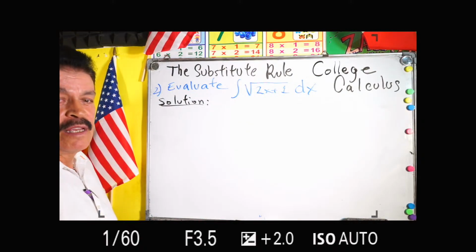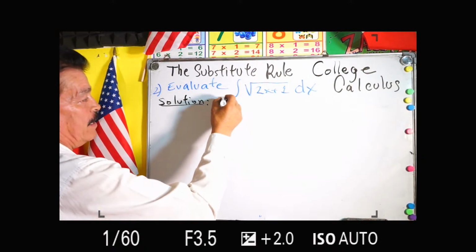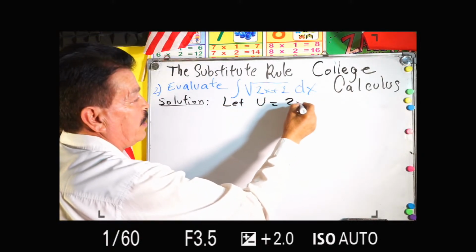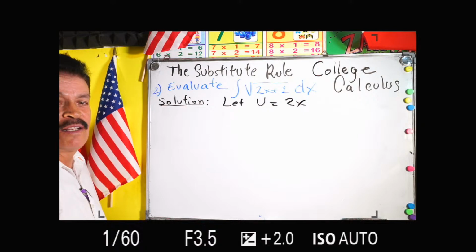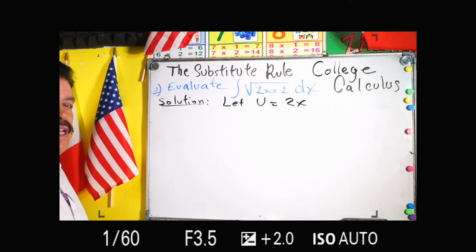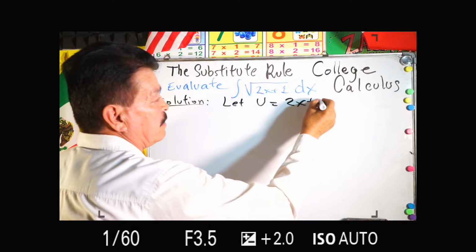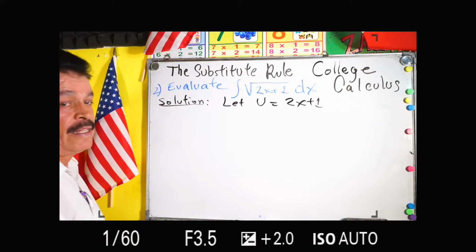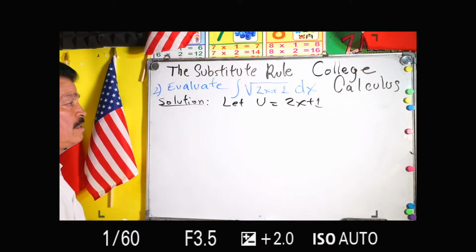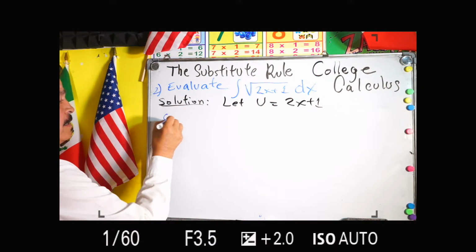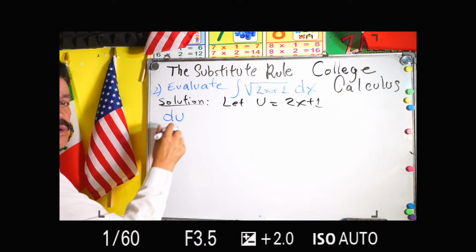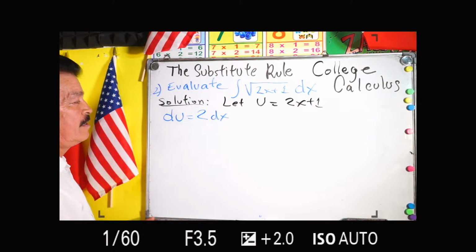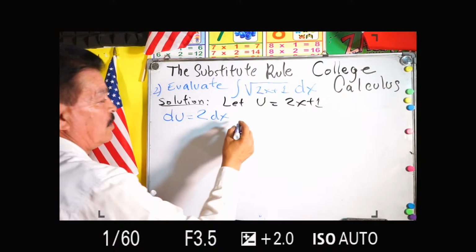Let u equal 2x plus 1. That is the first step. Then let's take the differential: du equals 2 dx.